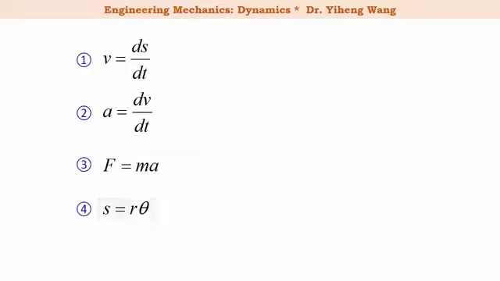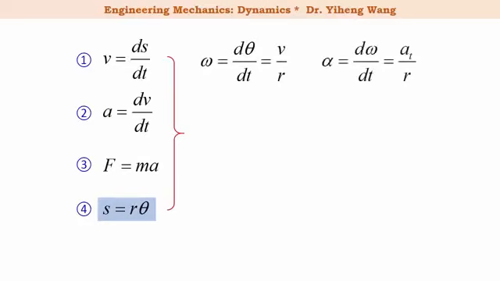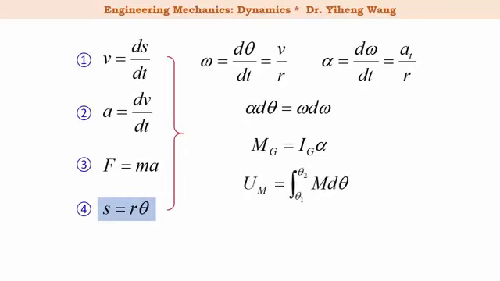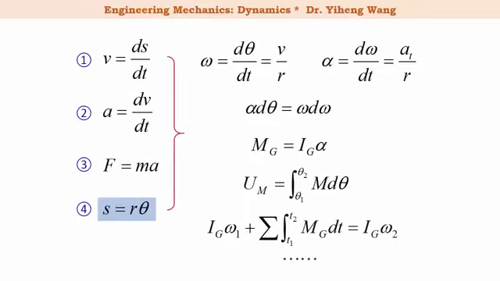And if you add in the fourth equation, combine all of them, you can derive a series of formulas that involve rotational motion, such as angular velocity, angular acceleration, angular kinematics, how moment causes angular acceleration, work of moment, principle of angular impulse and momentum, and etc.